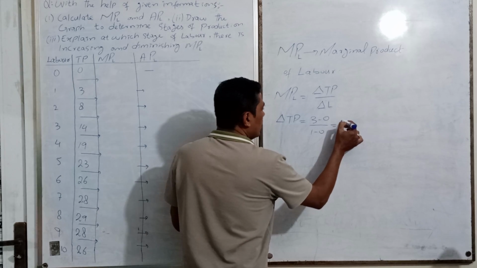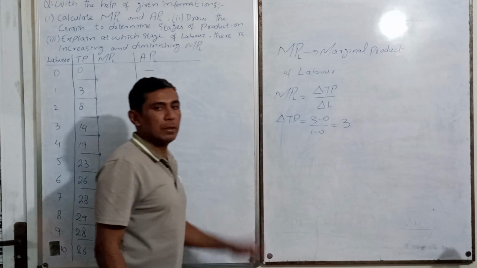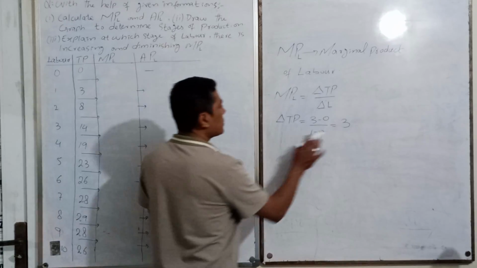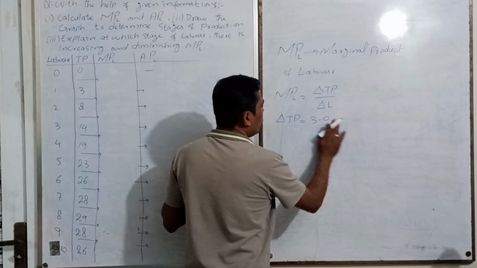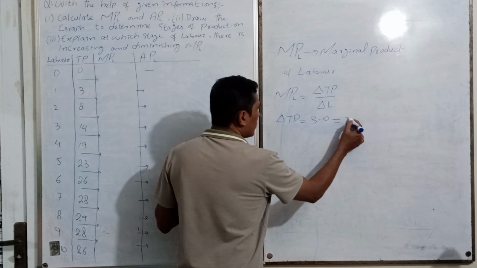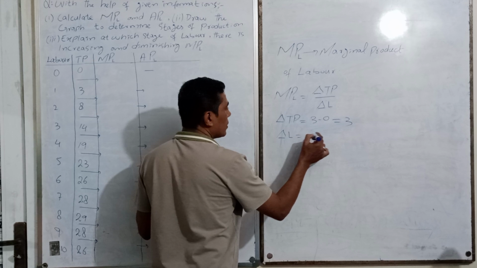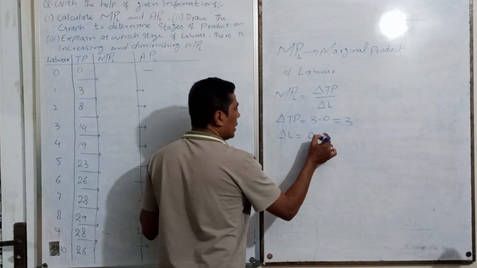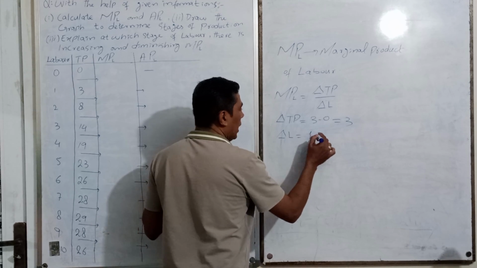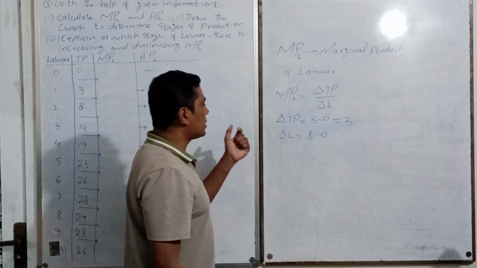So you have 3, and similarly the change in labor is 1 minus 0.